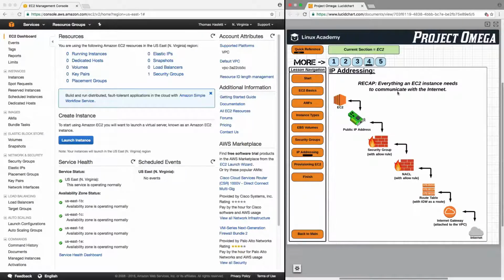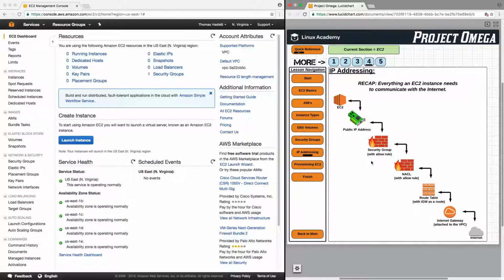To recap, let's take a look at everything an EC2 instance needs to communicate with the internet. Here we have our EC2 instance, and down here we have the internet. This is everything that it goes through in order to communicate with the internet or have data flow in and out. You have the EC2 instance, and you need a public IP address.